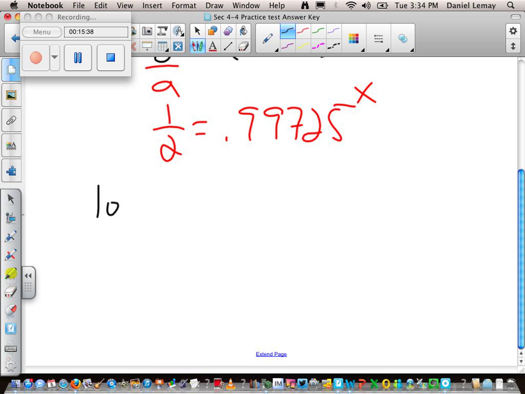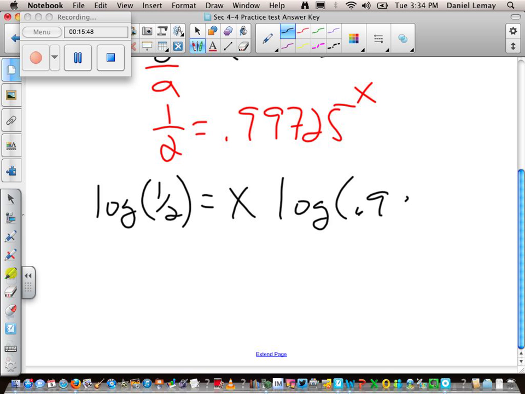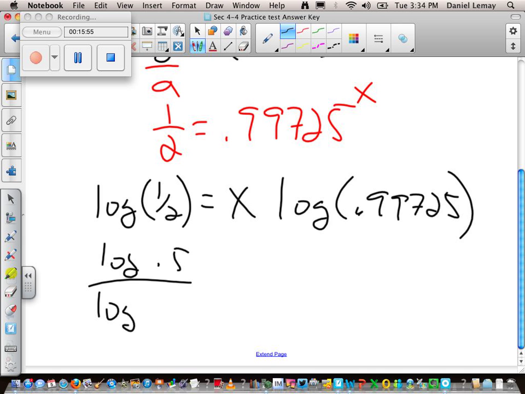So log of 1/2, or log of 0.5, equals, using that exponent property, bring that x down in front. So then I'm going to do the log of 0.5 divided by the log of 0.99725 equals x. When I did this on a calculator, I got 251.7 years.